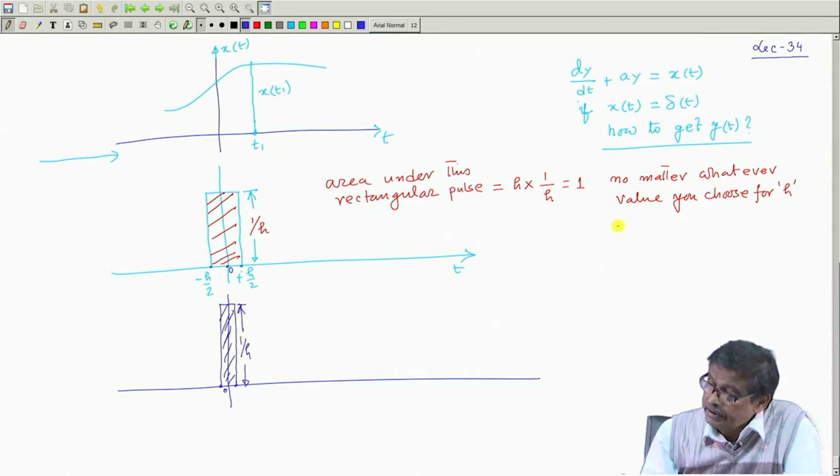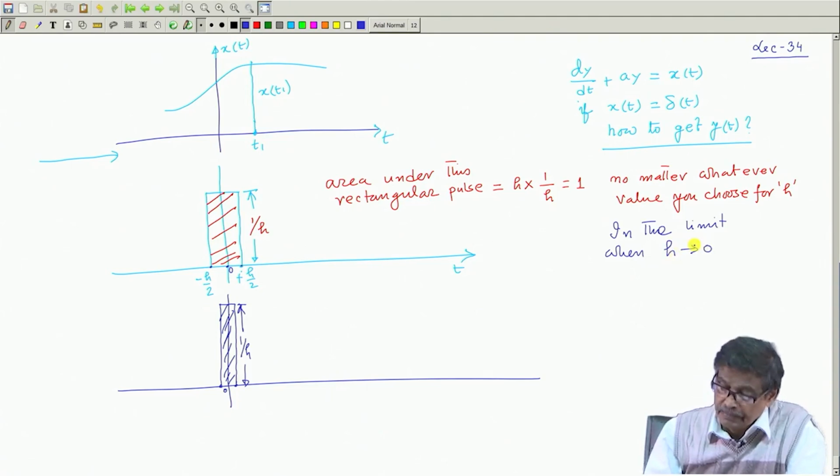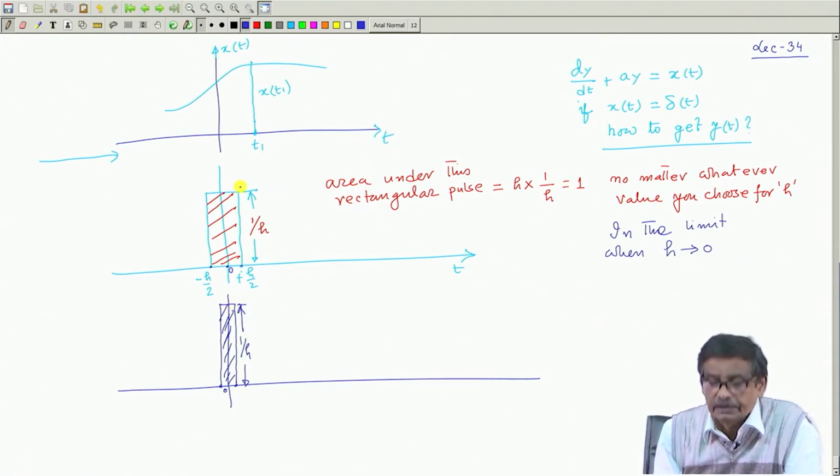Now, in the limit when h tends to 0, this rectangular pulse will be a very thin strip, and the height of this rectangle will rise to infinity.